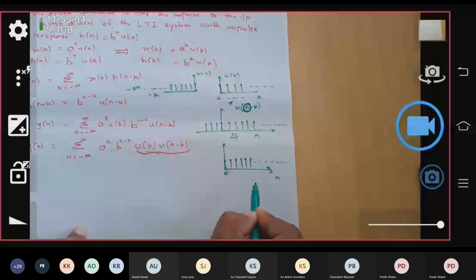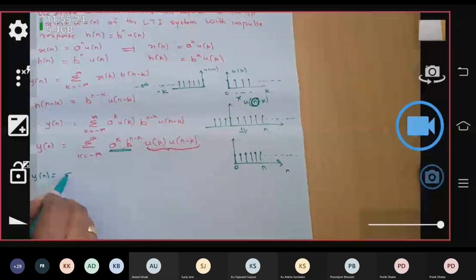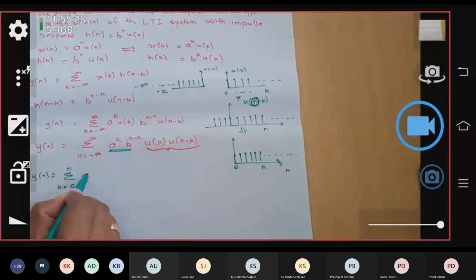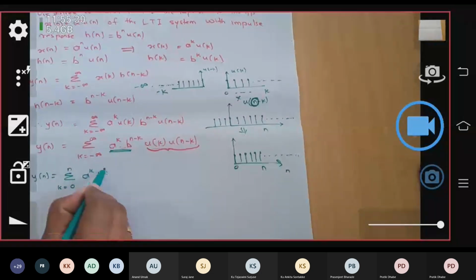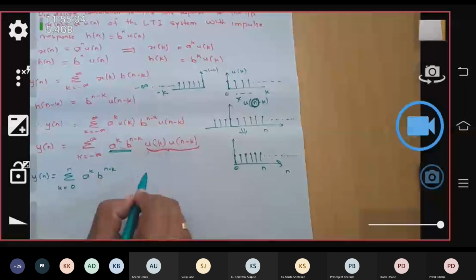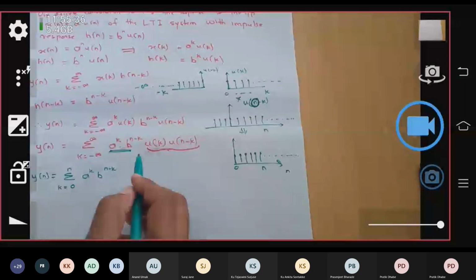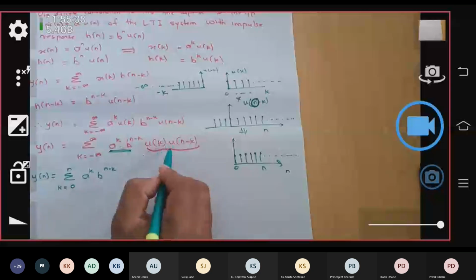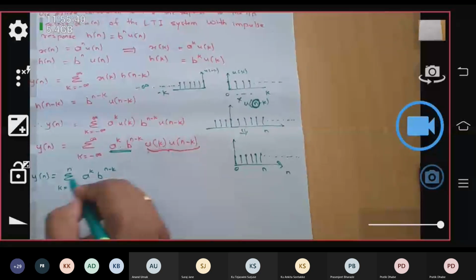Now you will get y of n equals summation from k equals 0 to n a raised to k b raised to n minus k. Okay. I'm not writing this function here now because this is nothing but magnitude of 1, and I've already taken the effect of this multiplication, that the limits have been changed.